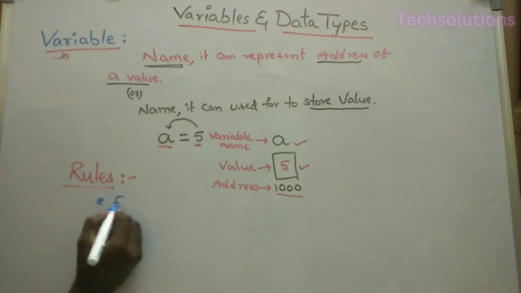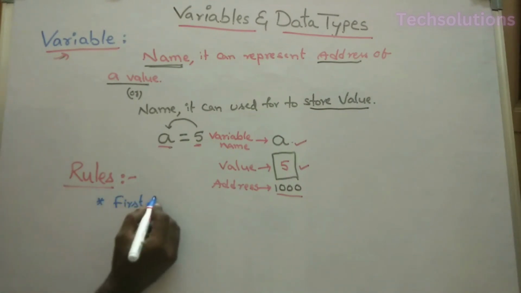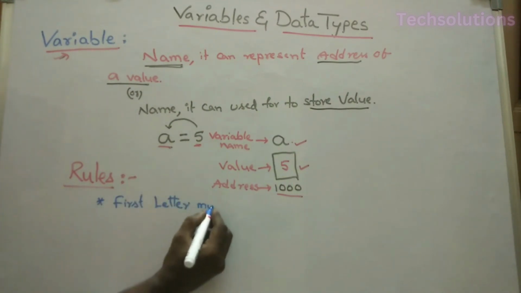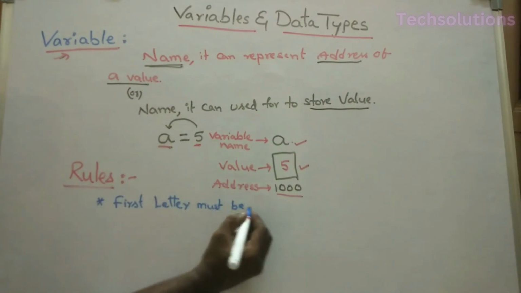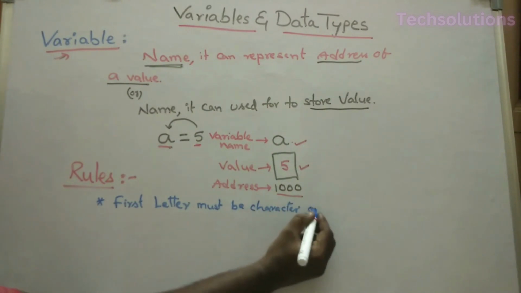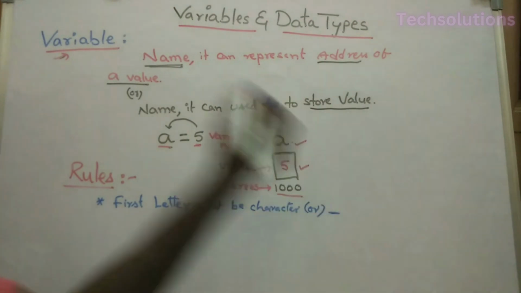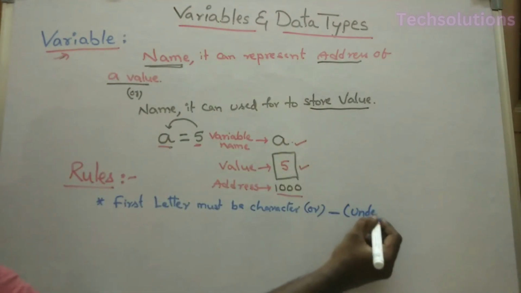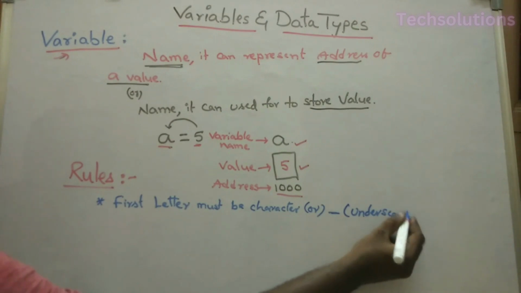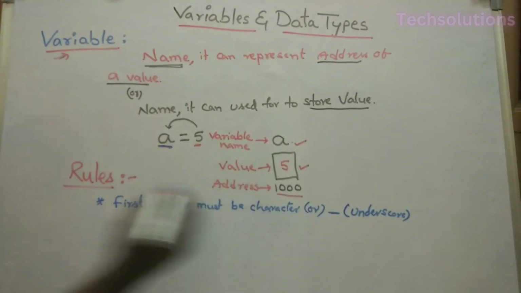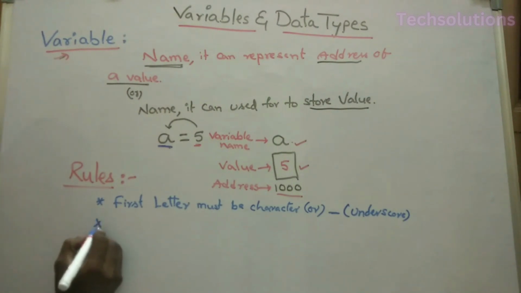The first letter of the variable name we declare must be a character, or sometimes we can use an underscore also, it will be accepted. If we declare a variable name a, the first letter must be a character. And what is the second one?